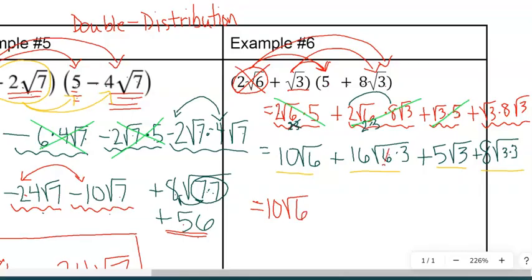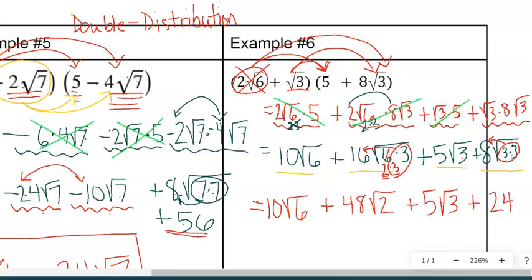6 breaks up into 2 times 3. Here's a double 3, so we're going to multiply that 3 by 16. So I get 16 times 3 is 48, and we had a root 2 left. 5 root 3, that doesn't break down. And then the last number, well, I've got a double 3, so we can multiply that. 8 times 3 is 24.